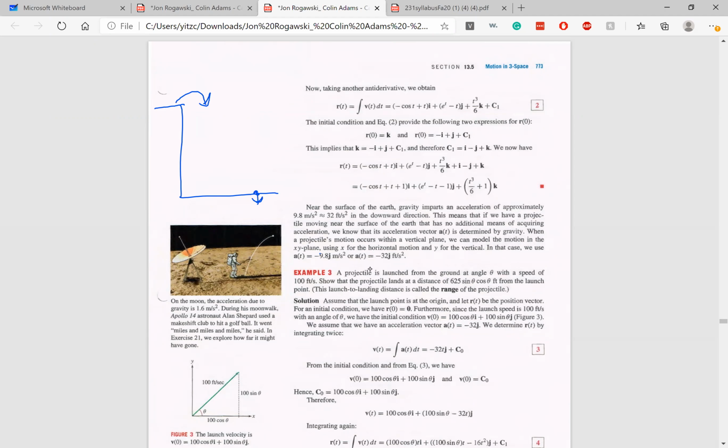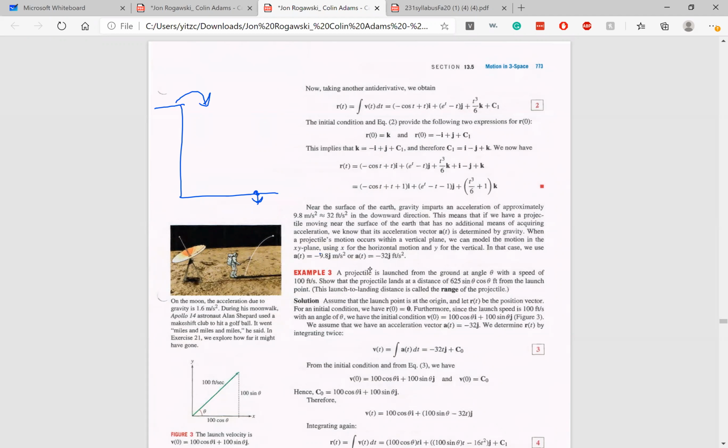So if we have a projectile moving near the surface of Earth that has no additional means of acquiring acceleration, we know that its acceleration vector is determined by gravity. So we can figure out what a(t) is. That's basically what they're telling us. If you have a projectile, you know that your a(t) is negative 9.8 meters per second squared.